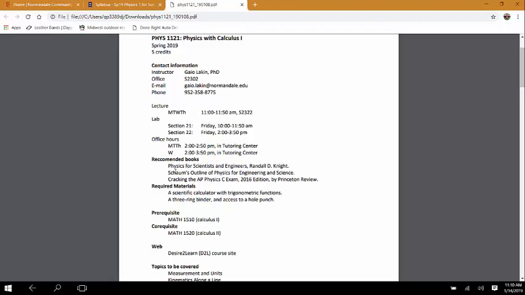I do think it's a good idea to have a textbook for future reference and for people who are interested outside of just trying to do well in this class, if you just want to know about these topics in more detail. I have three recommended books here. Actually, the Cracking the AP Physics C Exam, that's because I was teaching this class to high schoolers last year.